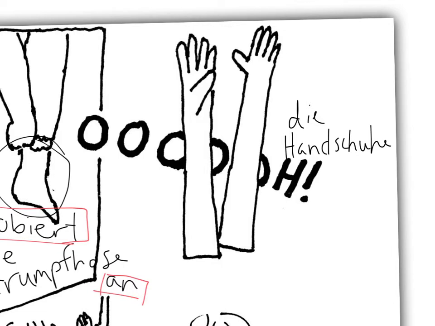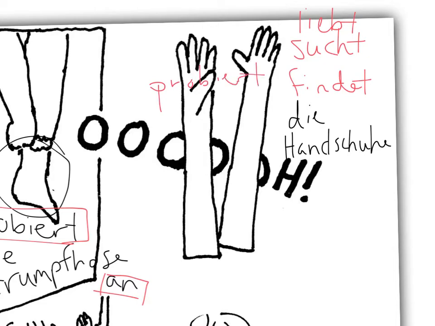So for these Handschuhe, you have lots of options. Sabine findet die Handschuhe, Sabine sucht die Handschuhe, Sabine liebt die Handschuhe, or you could go with one of our newer vocabularies, Sabine probiert die Handschuhe an.